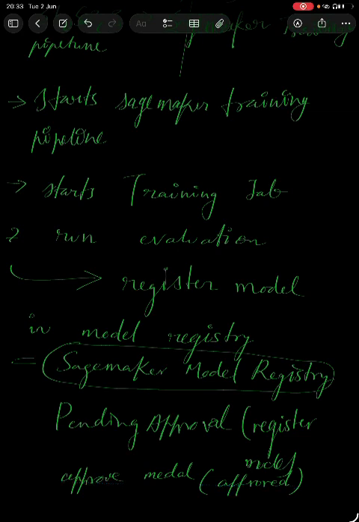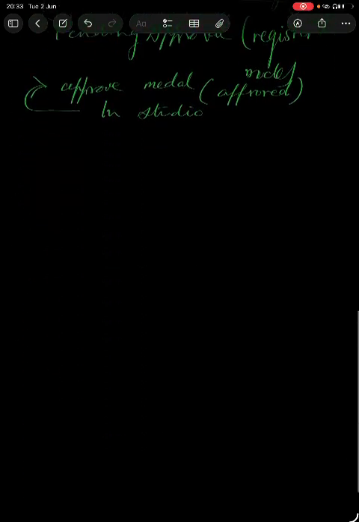Then how this particular step is being executed, that is reviewed and approved model in Studio. In SageMaker Studio, what will happen? Let me scroll it down. So the data scientist will review and approve the model in the Studio.